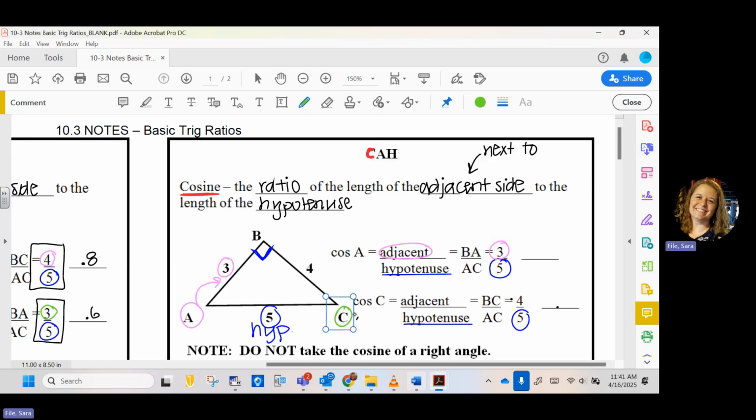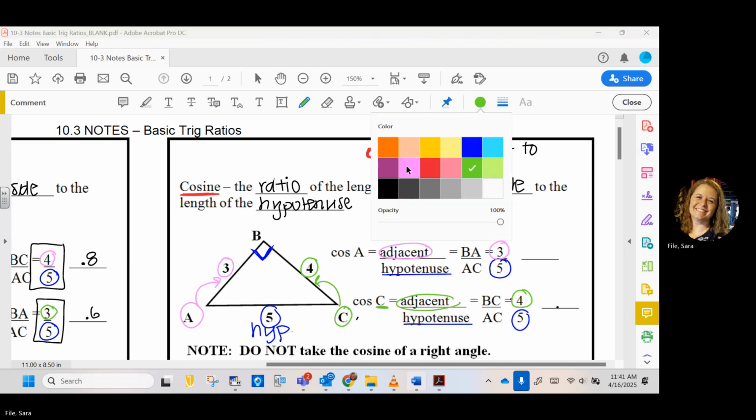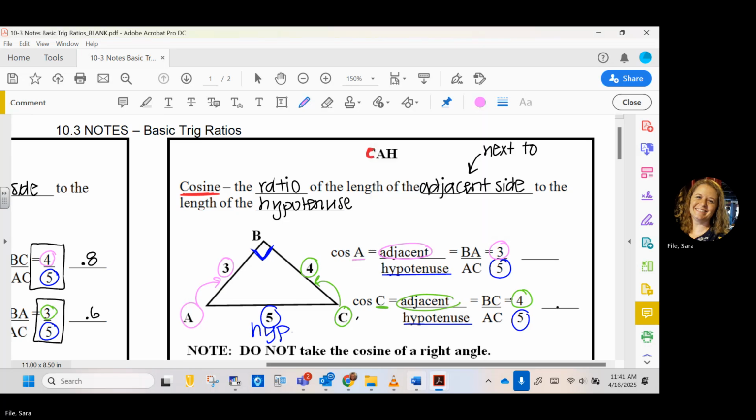Okay, angle C is the side that's 4. Okay, and this is cosine. So sine is opposite over hypotenuse, and cosine is adjacent over hypotenuse.